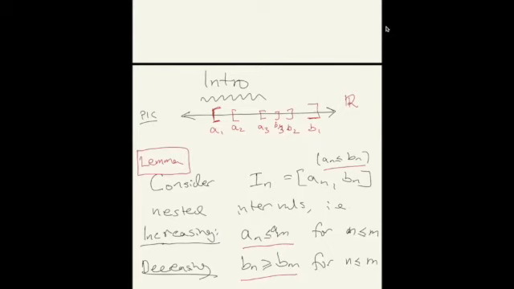So Josh suggested that these intervals seem to become smaller and smaller. The left endpoints are moving to the right, and in the limit, it would seem that they would limit to some interval where the left endpoint would be the limit of the a_n's and the right endpoint would be the limit of the b_n's. That's fair enough.